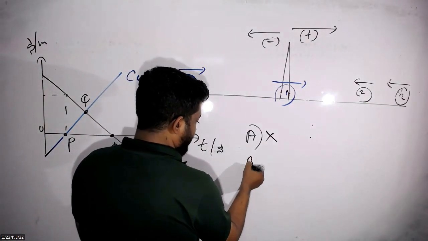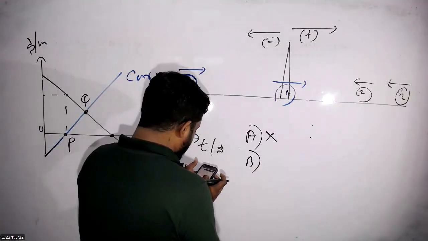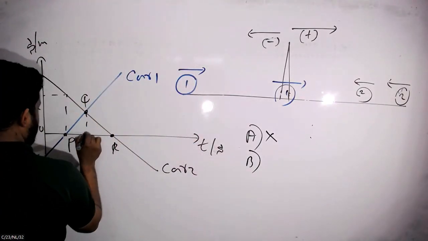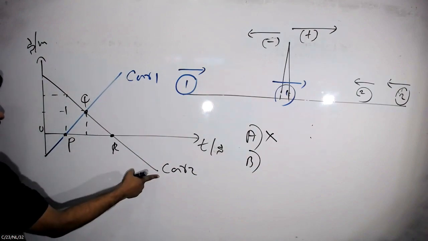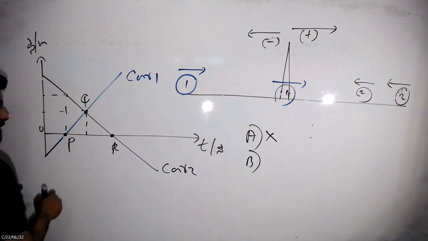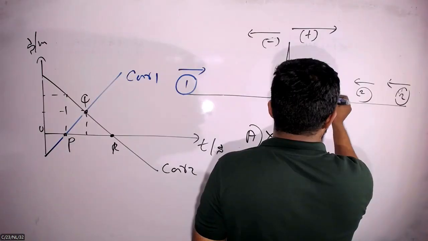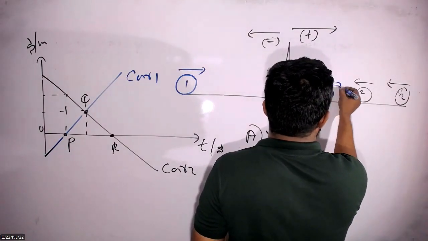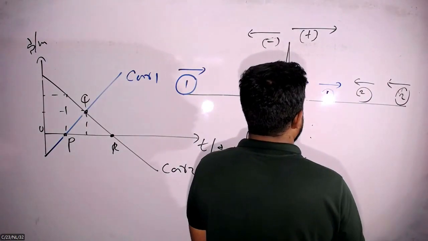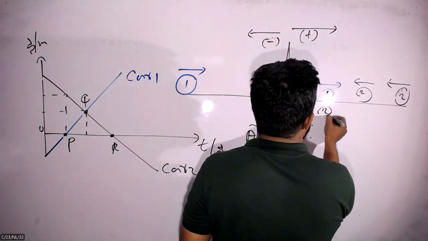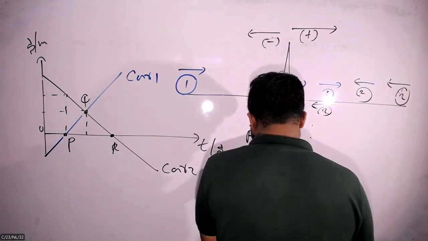Let's see the capital B statement. Relevant to point Q. Here you can observe that at point Q, both objects have the same displacement and they cross each other. Car 1 moves towards the right side and car 2 moves towards the left side, right?